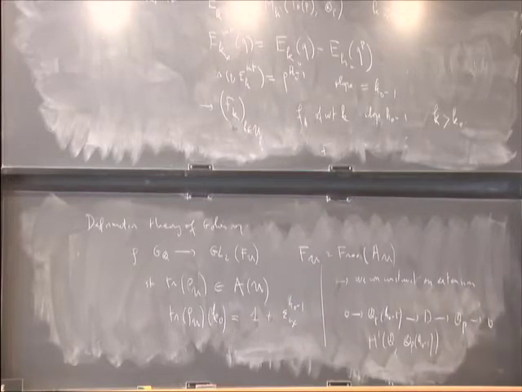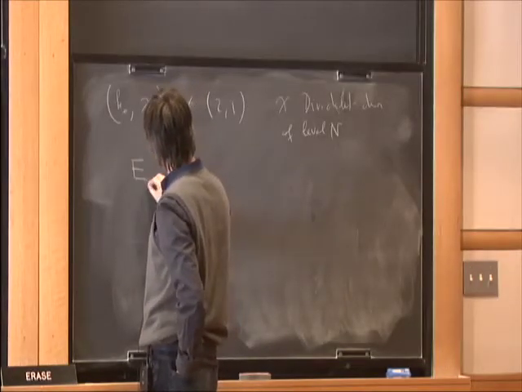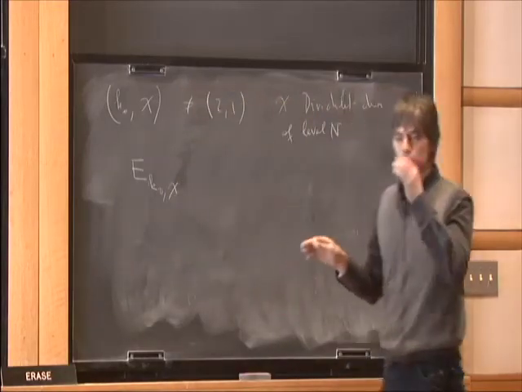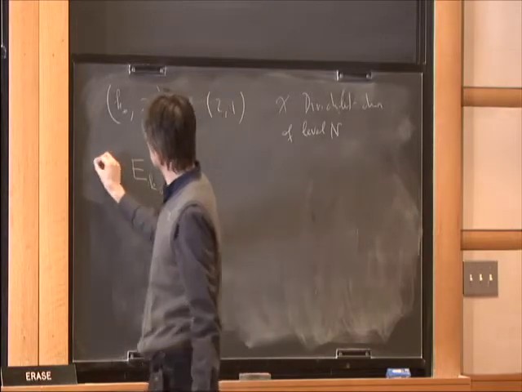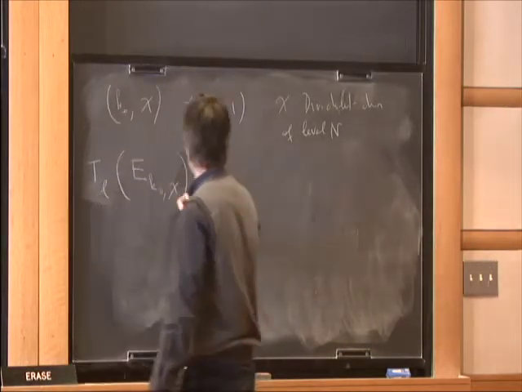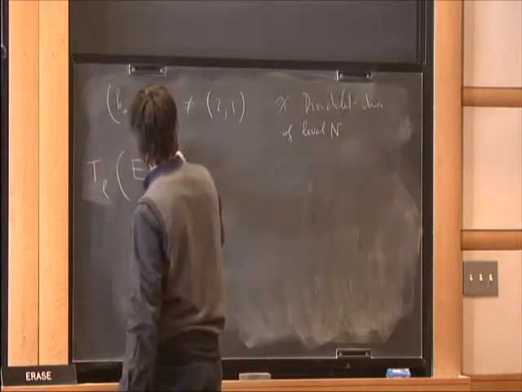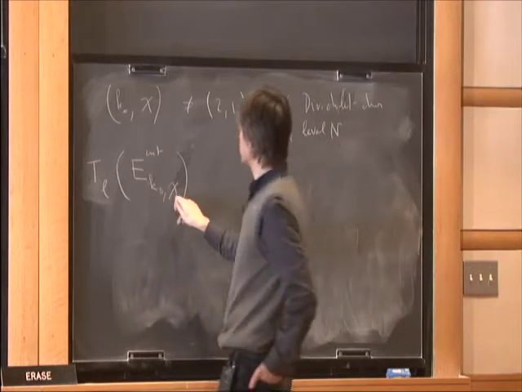So now I consider the general case where I take a Dirichlet character chi of level N, and then you consider the Eisenstein series E_k naught, chi, and I'm going to normalize it so that if you look at T_l acting, it's going to be the critical Eisenstein series of weight k naught and character chi.